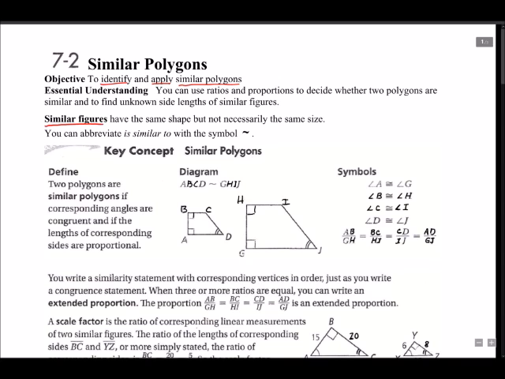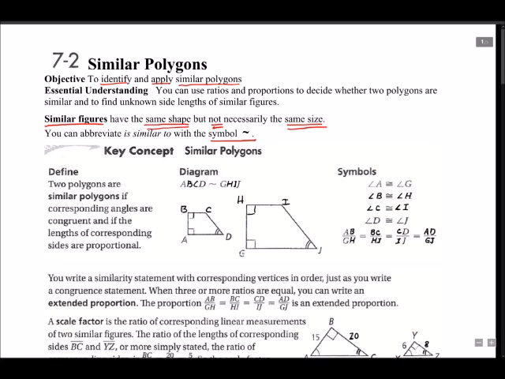Similar figures have the same shape, but not the same size. And similar uses this symbol. Notice that it is a lot like our congruent sign.